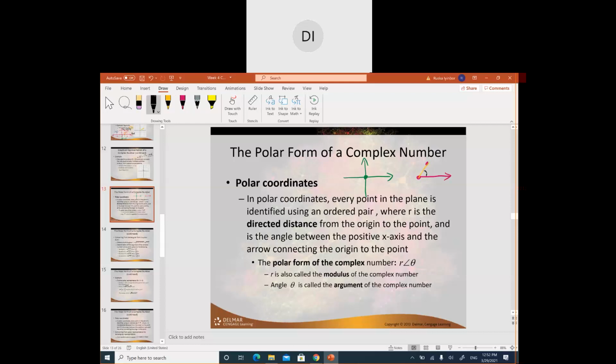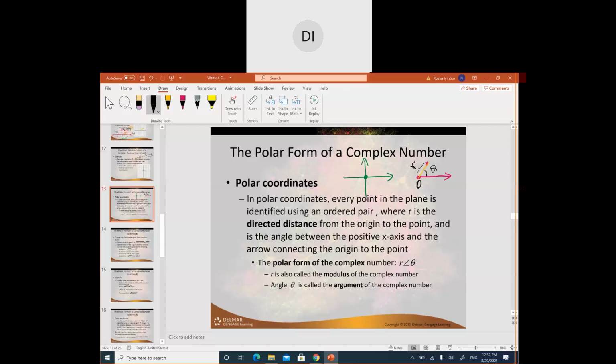This is the angle theta, and the distance from 0 is called r. So we have r and theta. r is called the modulus of the complex number, and theta is called the argument of the complex number. r is the distance from the point to the 0, 0, which is the origin of the polar coordinate system.